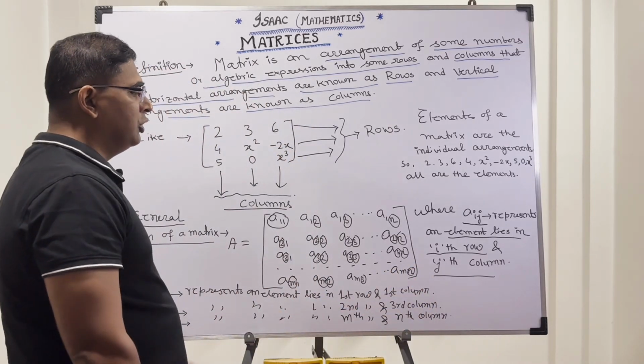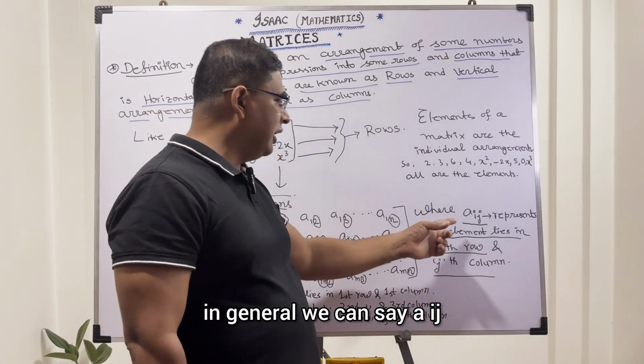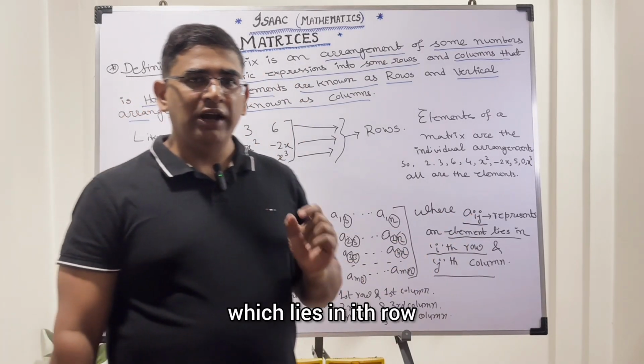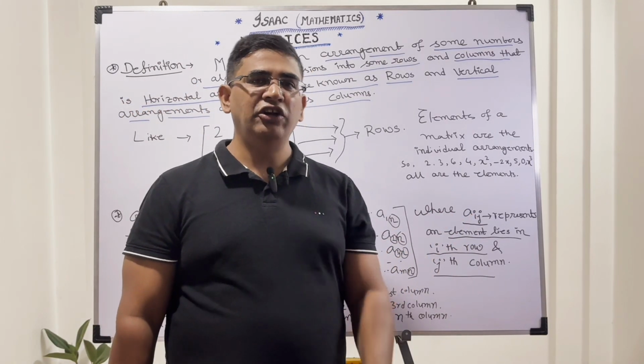Okay, so in general we can say Aij represents an element which lies in the ith row and jth column.